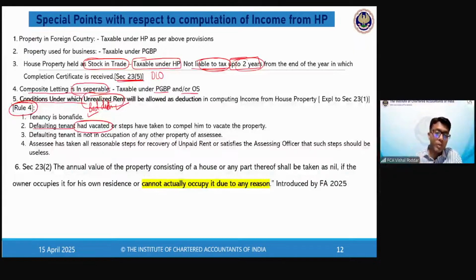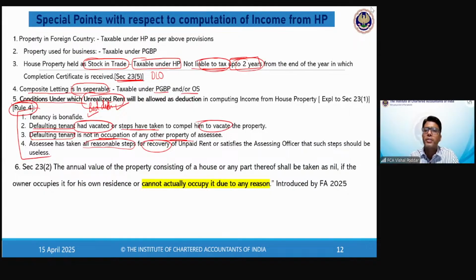Maybe he has run away without paying your rent, and you have taken all steps to remove him if he's still in your property. Most important, the defaulting tenant is not occupying your property anymore, and you have taken all reasonable steps for recovering the rent, but now you are sure that the rent will not be recoverable. So when all these conditions are satisfied, it proves that the rent has actually become bad debts.